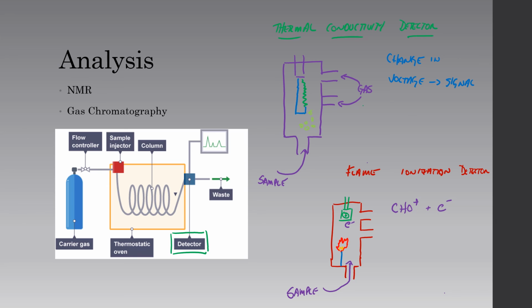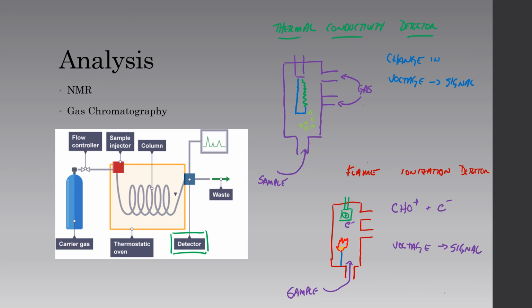And so as the electrons get attracted to that positive electrode, it's going to change the current, because we maintain that at a constant current. An electron gets attracted to it, and it's going to change the current of that electrode. And we can convert that into voltage, right? And that voltage is going to give us our signal. So again, at the end of the day here, right, we change a voltage and it gives us our signal.